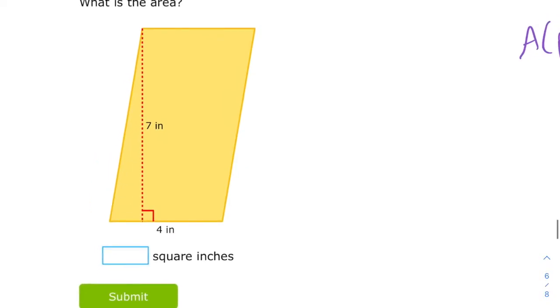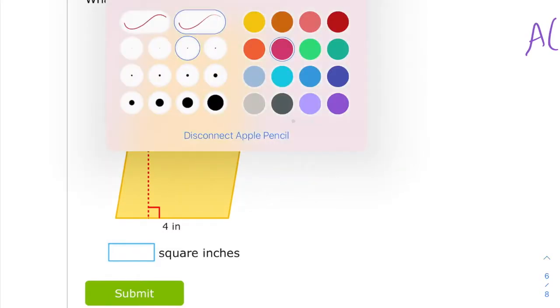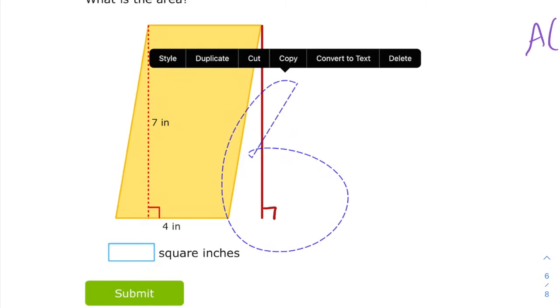That altitude can be on the inside, or it could be on the outside. So an altitude can also happen on the outside, and that's okay.